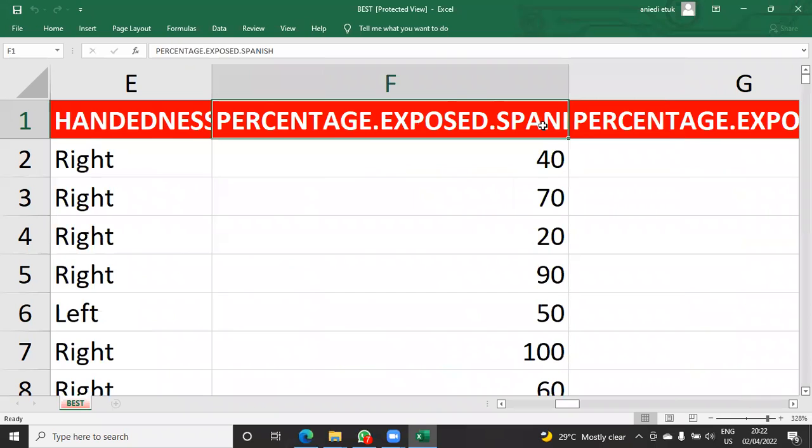Percentage, is it numeric or categorical? It's numeric. And what kind of numeric is percentage? In this case, it's a discrete number.